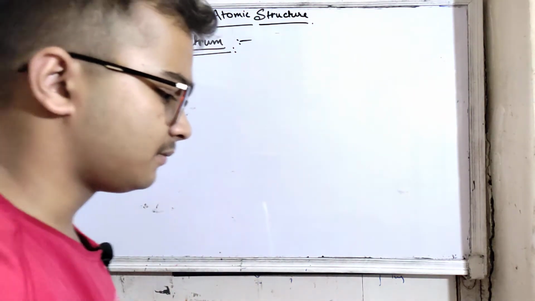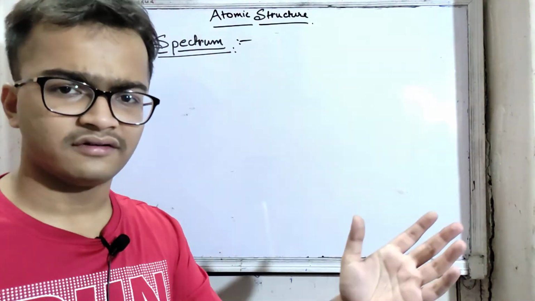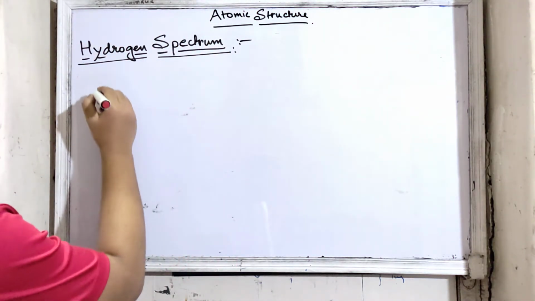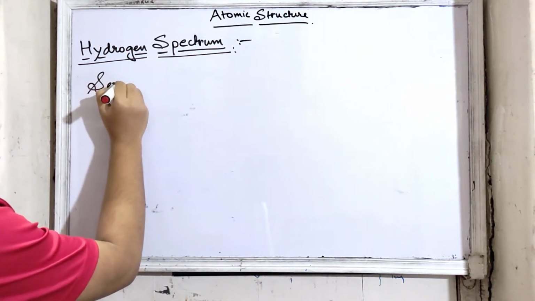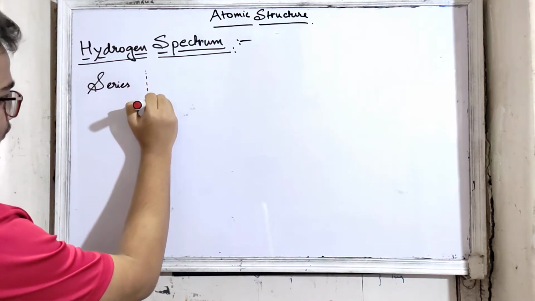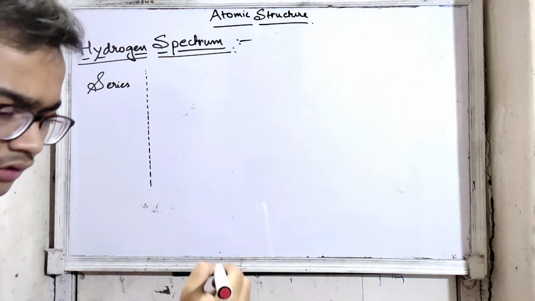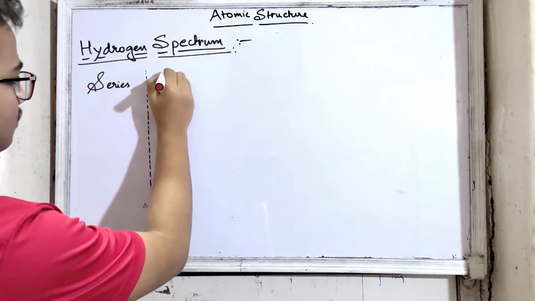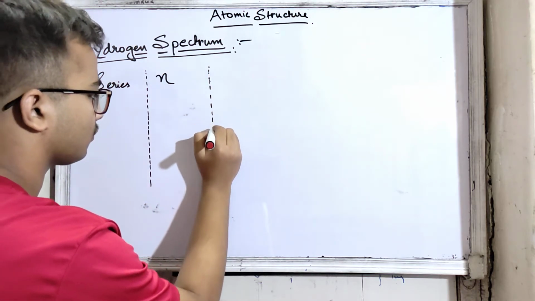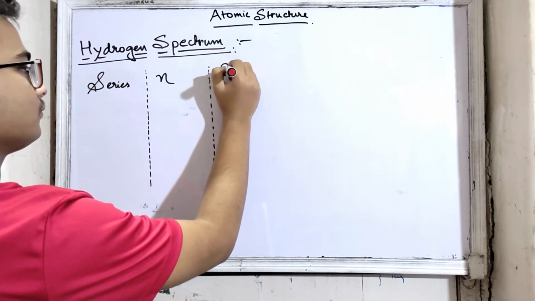Now here you can determine the number of bands or the number of lines or spectra which is generated. So before that, let's know the series. Okay, so give the heading series. Now a line. Okay, here will be value of n, and here there will be band.